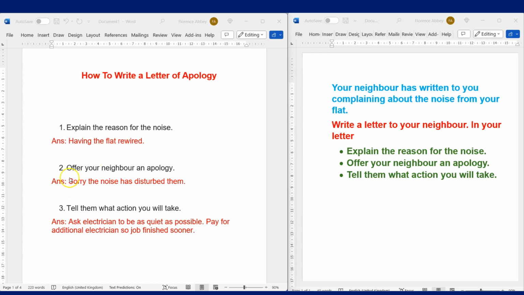And when it comes to the second one, where we offer our neighbor an apology, we write that we are sorry for the noise and we feel that it has disturbed them. So this is how we are going to write it. And also when it comes to telling them what action we will take, we are going to ask the electrician to be as quiet as possible, and also we are going to pay for an additional electrician so that the job can finish sooner.